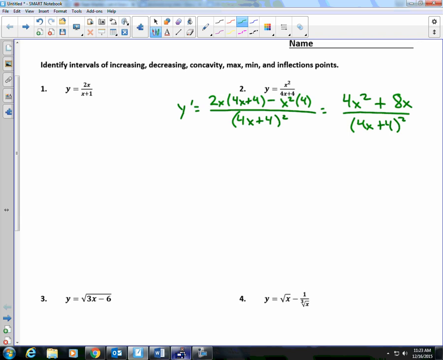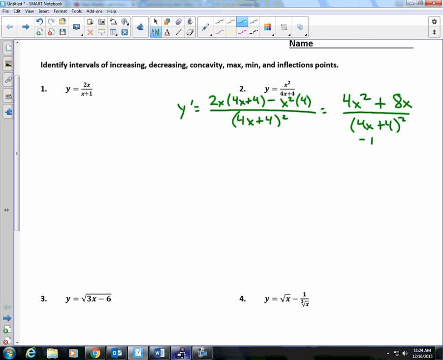Now, look at your very original rational function. Where is it undefined? Where does it have a vertical asymptote? x equals -1. Is that the same for the derivative? Yes, as it should be. So we will have to include -1 into our testing. But true or false, the top can be equal to 0.